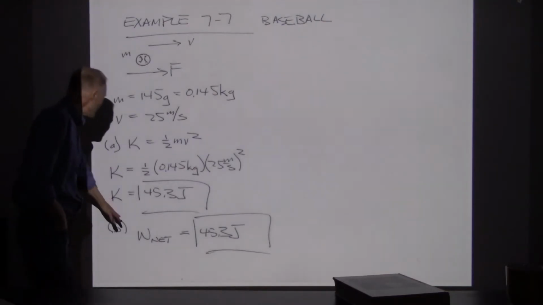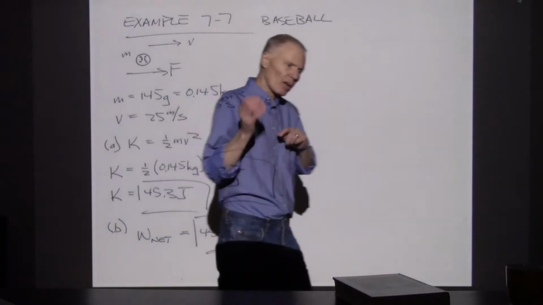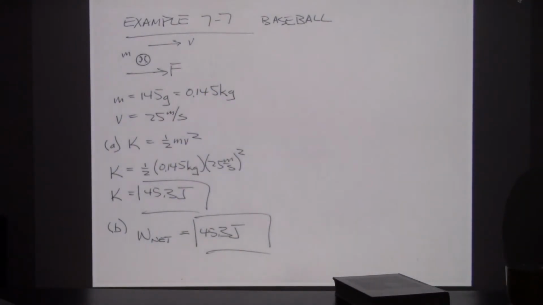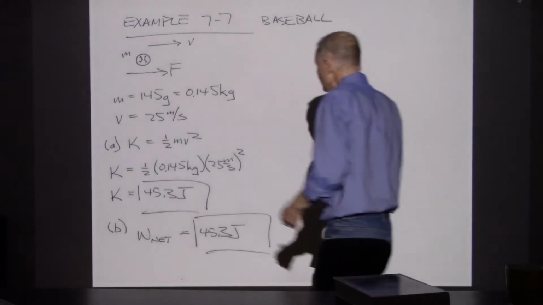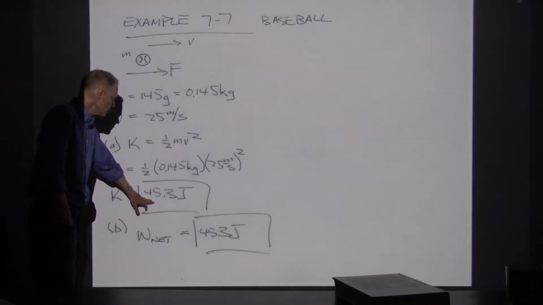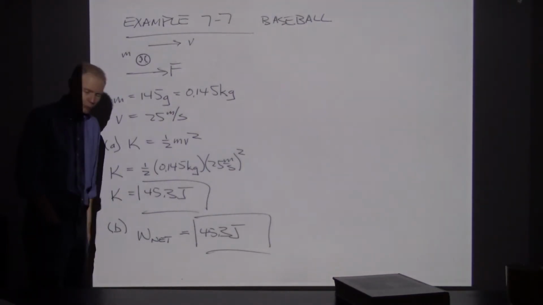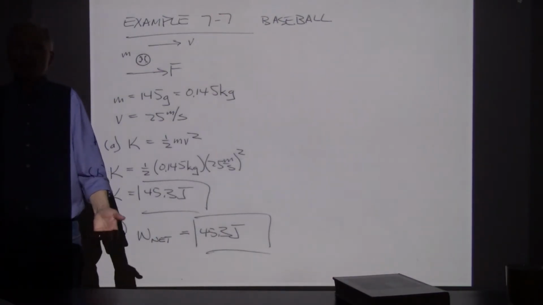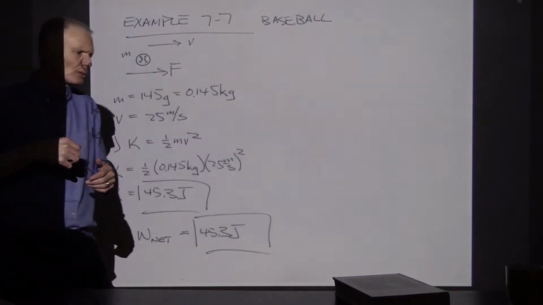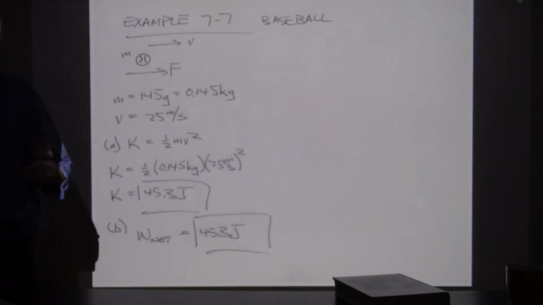In part B, it says if we look at all the forces acting on the baseball and all the energy transferred into it, how much energy must have been transferred due to all the forces? It has to match up. The baseball has a kinetic energy of 45.3 joules, and in the first picture in the book it started with no velocity and no kinetic energy at all.